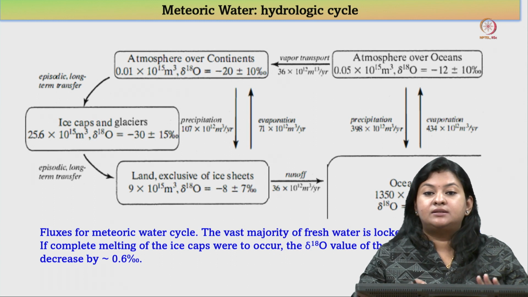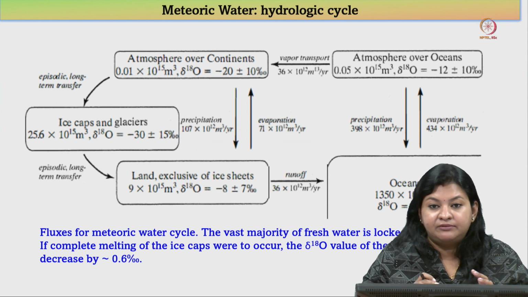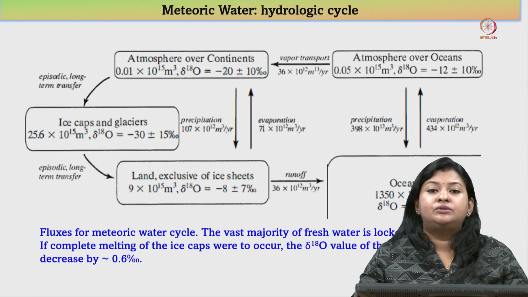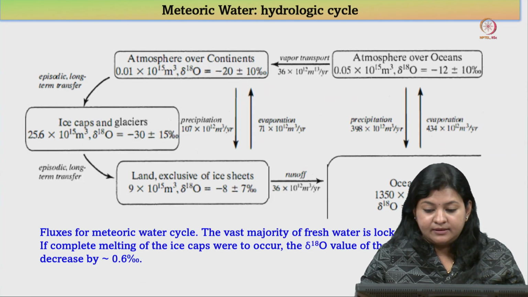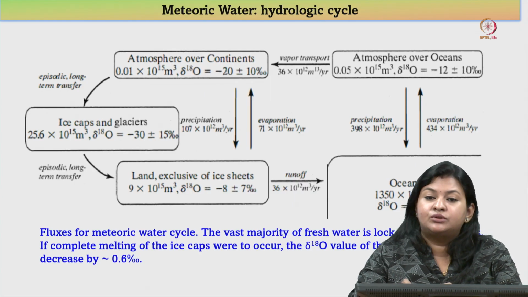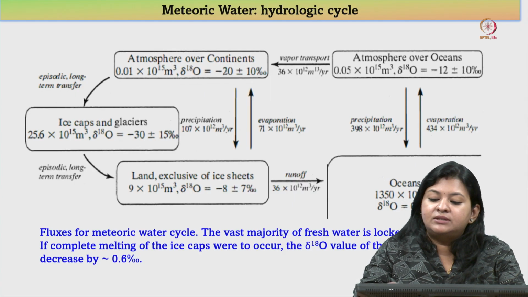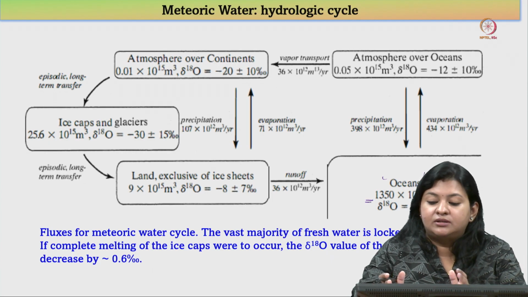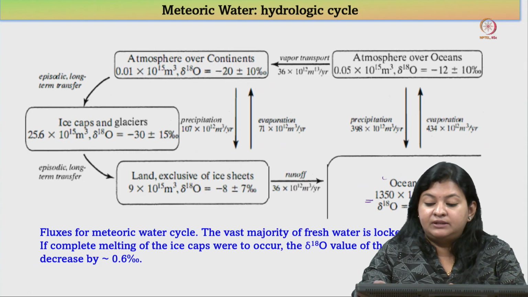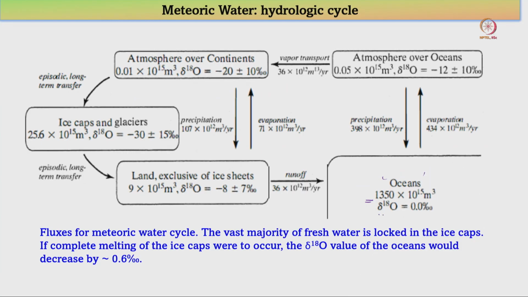So, given this brief introduction to Rayleigh fractionation, we are just going to shift ourselves towards looking into the whole hydrological cycle. So, we are going to start from the biggest reservoir, which is the oceans. So, the oceans, as you can see, have one of the largest volumes, 1350 times 10 to the power 15 meter cube, and have a delta 18O value of 0.0 parts per mil.